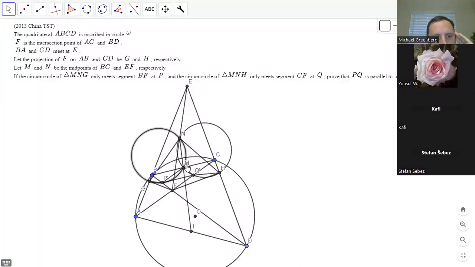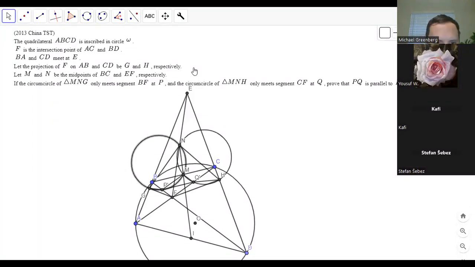So to prove that N, M, P prime, and G are cyclic, we need to prove that EDF is similar to NP prime M. GNM. Sorry, I think Stefan just gave a solution.